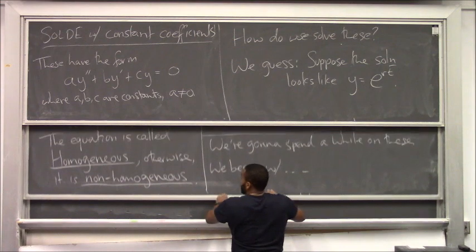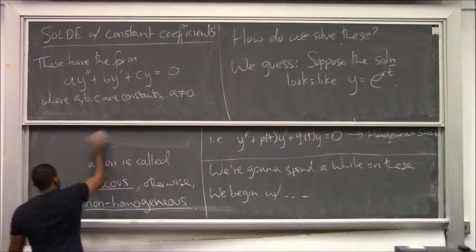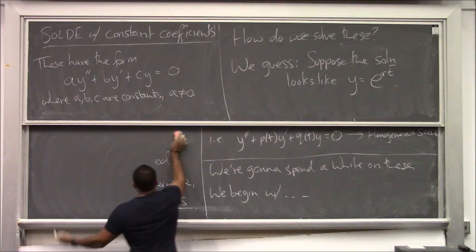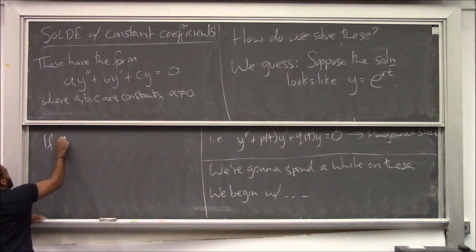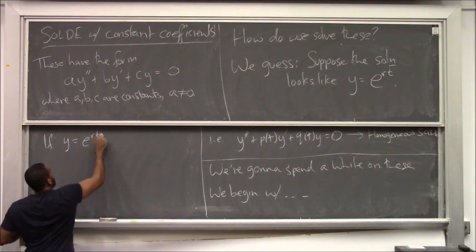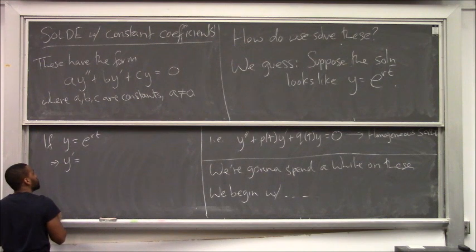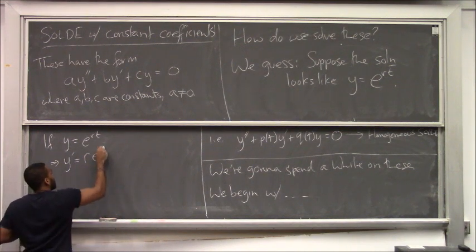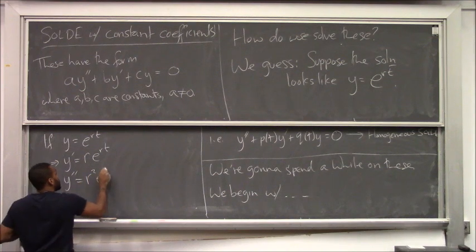Now, what's going to happen? If y equals e to the rt, then what is your y prime? It's r e to the rt. What is y double prime? r squared e to the rt.